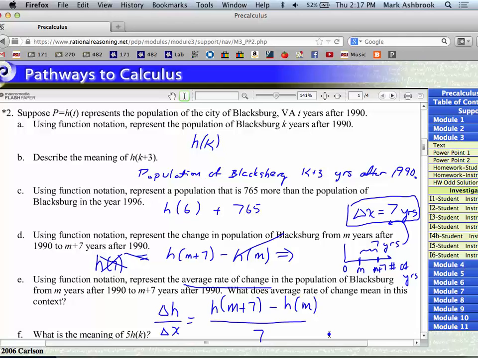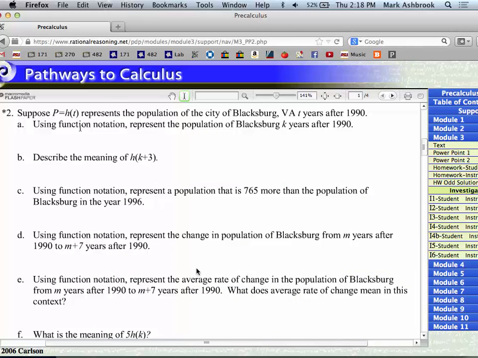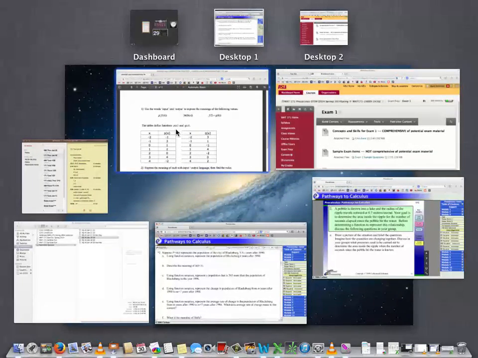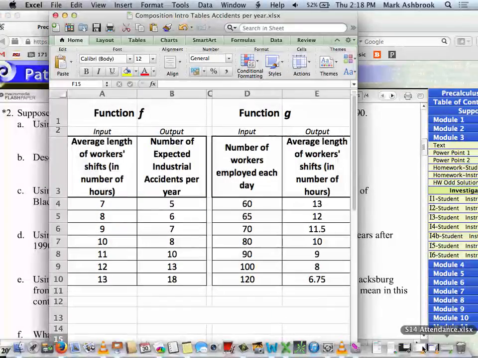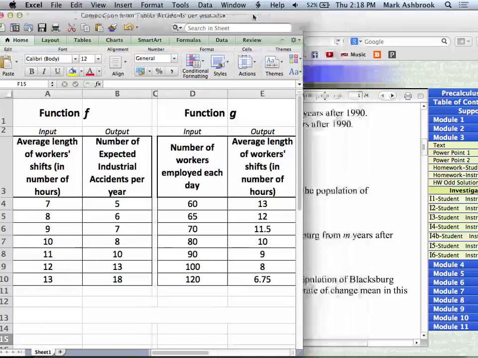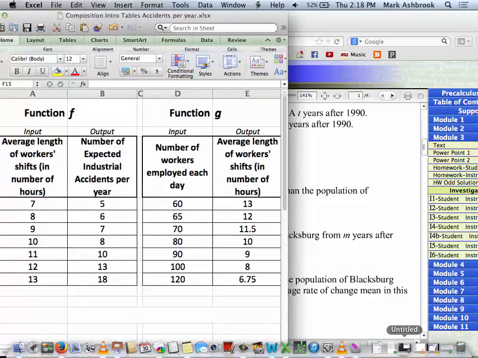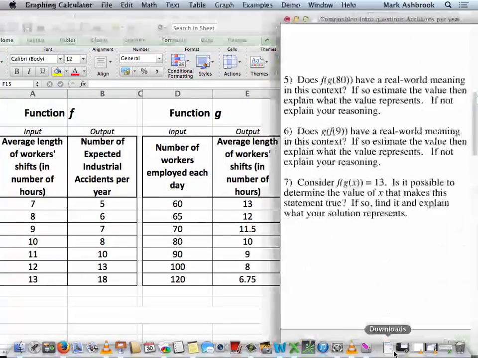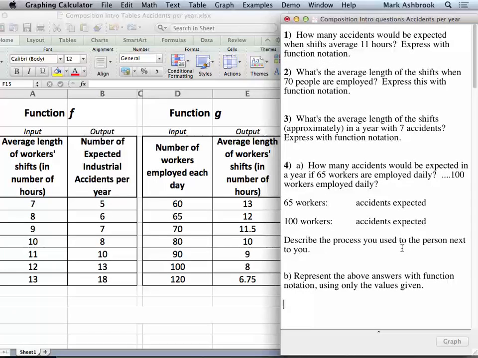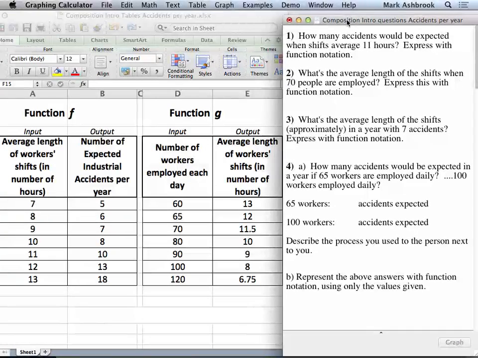Okay, so again, we're seeing all these different ways to represent functions. Here's still another. Tables. Where's my table? Okay, so this is not in your book, so this is my own original, or it used to be in the book. So you've got two functions here.